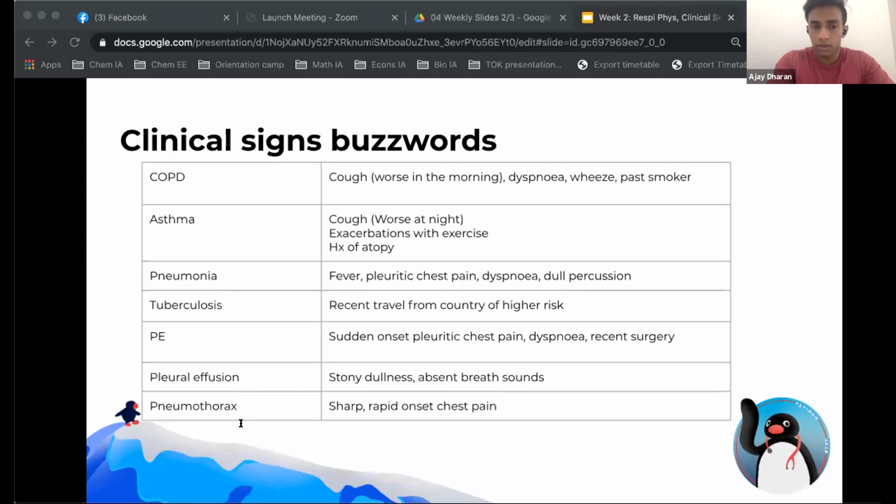Moving on to tuberculosis. It's quite rare to have tuberculosis in Australia, but a key thing you have to look out for is recent travel from a country of higher risk. And PE is pulmonary embolism. Like I was saying earlier, you have thoracic chest pain, which you can gain upon expiration and inspiration, and a key thing is recent surgeries.